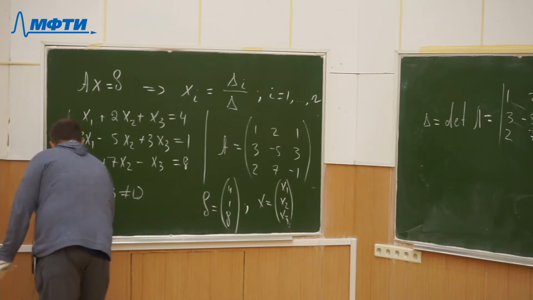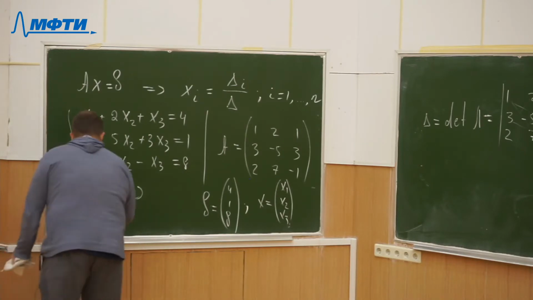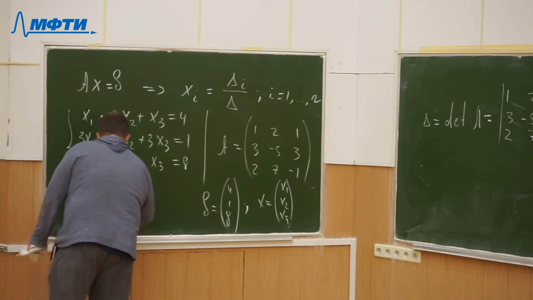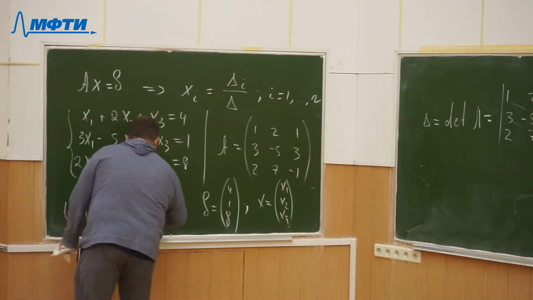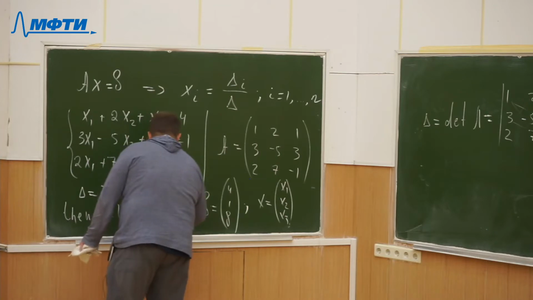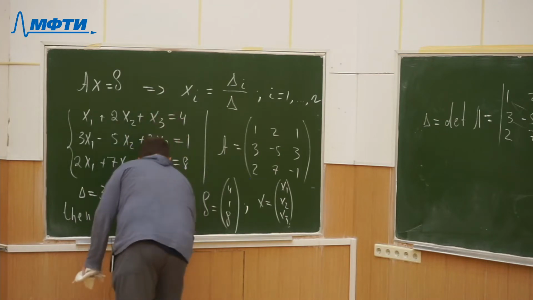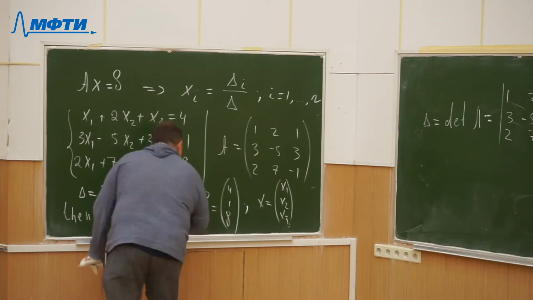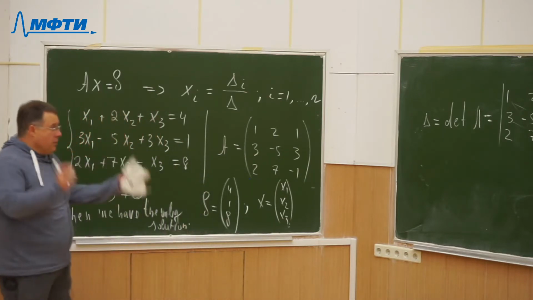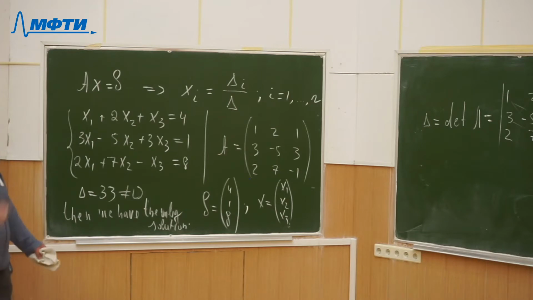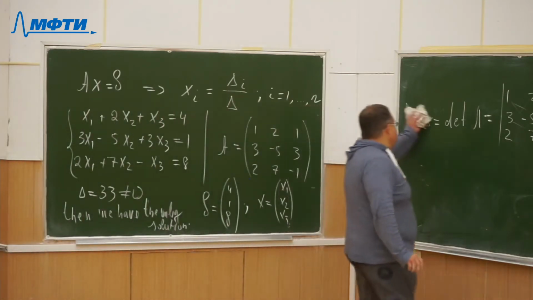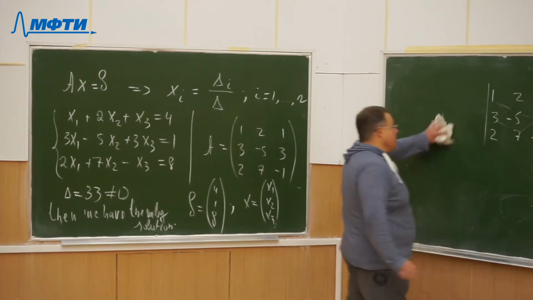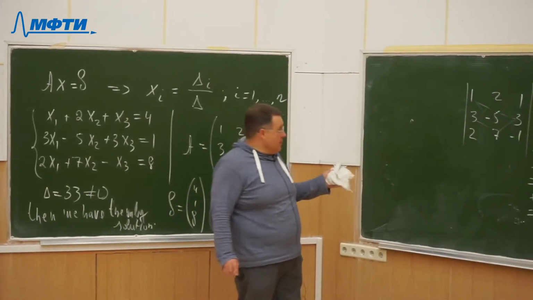Then we have the only solution. To calculate all independent variables, we can calculate the determinants delta sub 1, delta sub 2, delta sub 3.